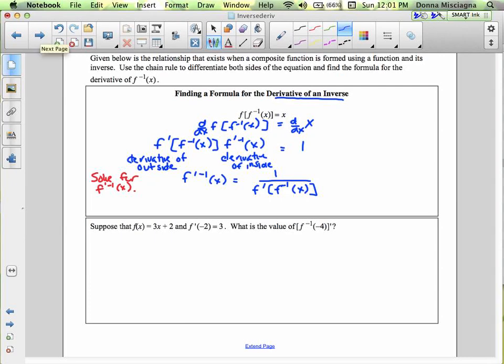So let's write this in words as well. The derivative of the inverse, f prime inverse of x, is equal to 1 over f prime of f inverse of x.